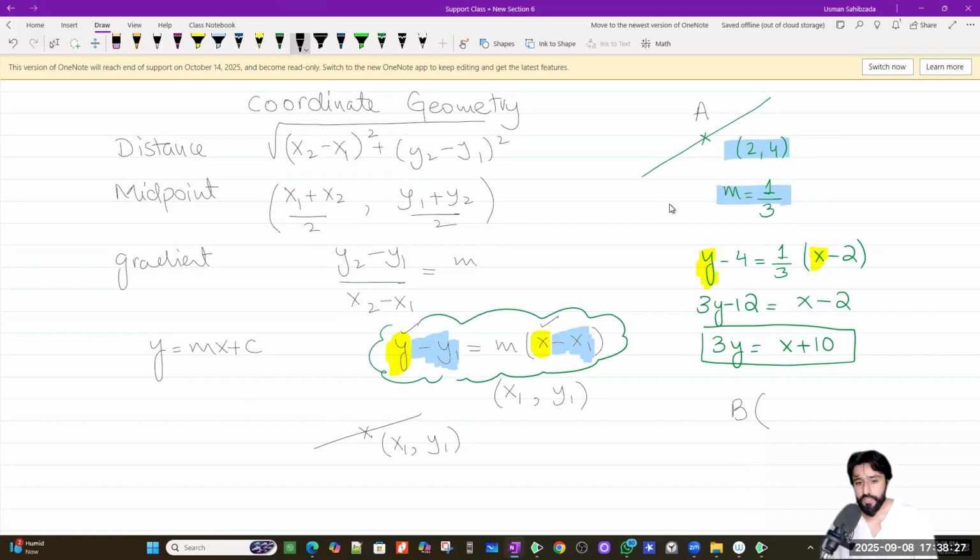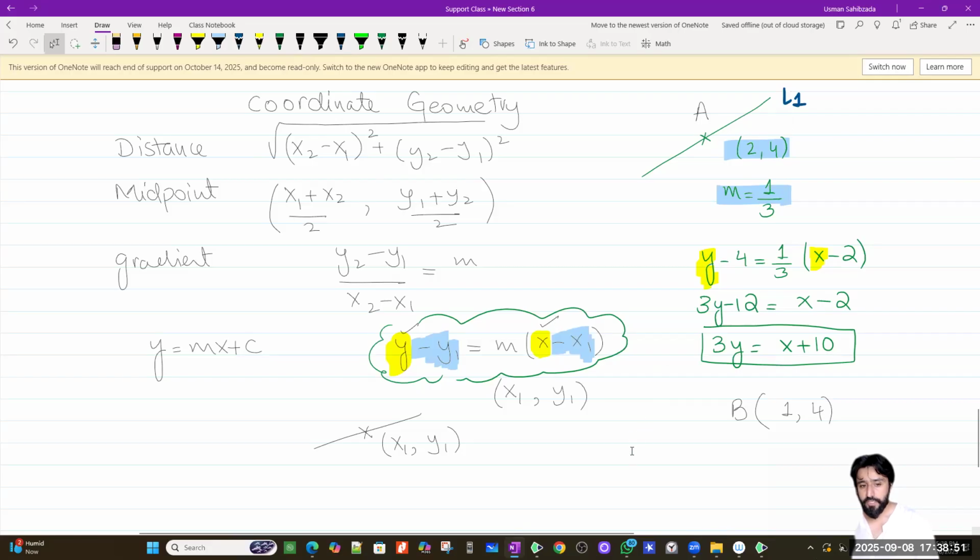Okay, so there's another line that passes through the point B, and the point B is, let's say, 1 comma 4. And the other line is parallel to this one. They can give it names, they can call it L1. When I say they, I'm talking about Cambridge.